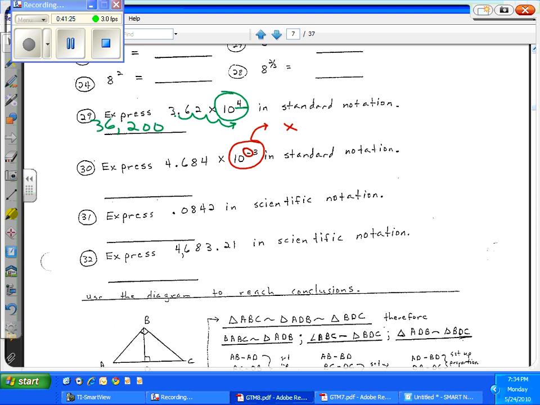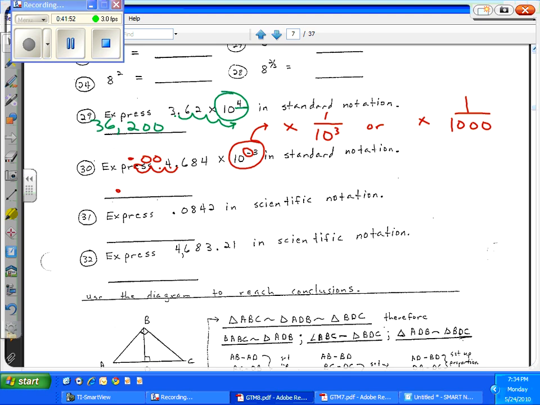The negative on the exponent is a command to reciprocate. So that's like times 10 to the third, and the negative reciprocates it, or times 1,000th.